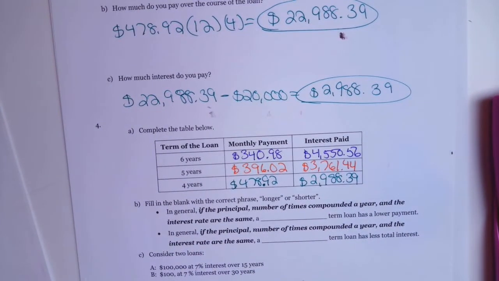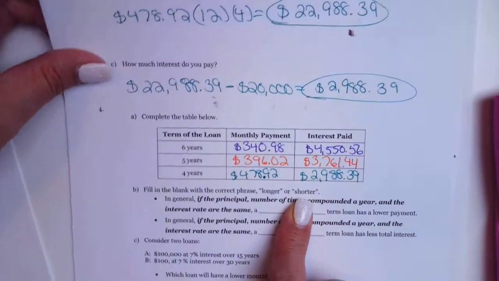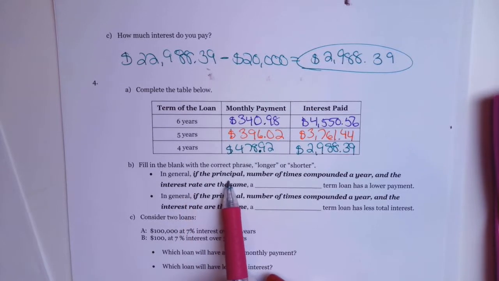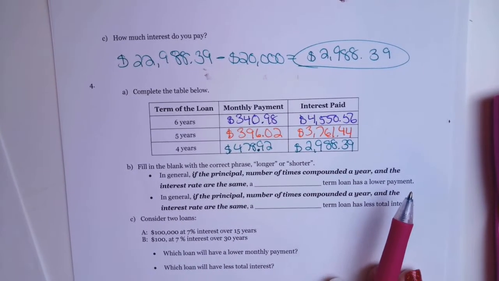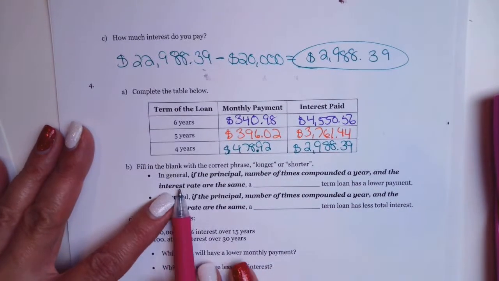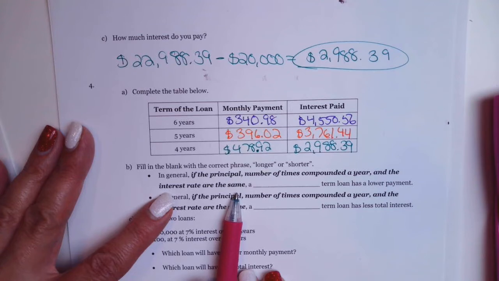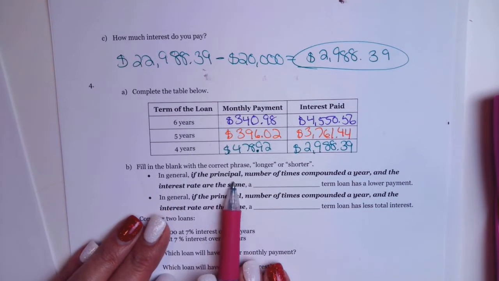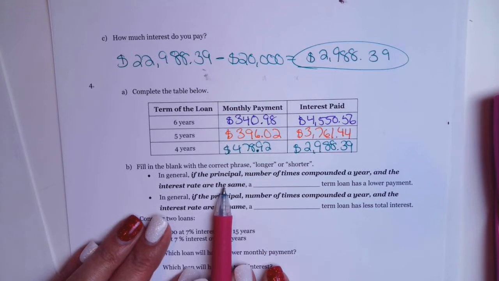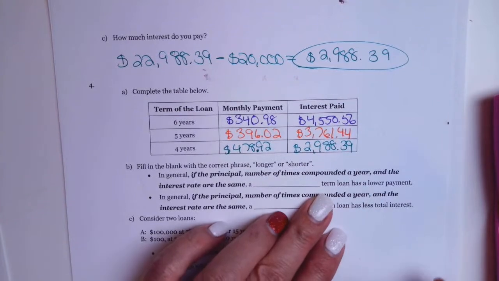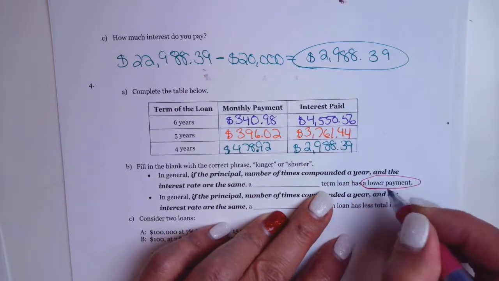So fill in the blank with the correct phrase, longer or shorter. In general, if the principal, the amount financed, the number of times compounded a year, and the interest rate are the same, which term loan has a lower payment?